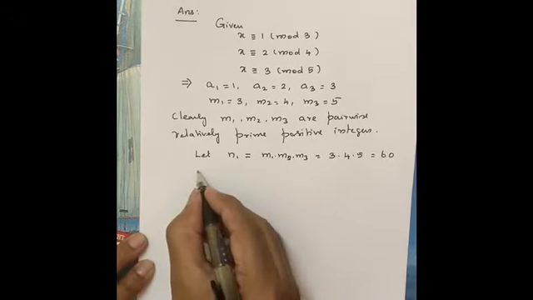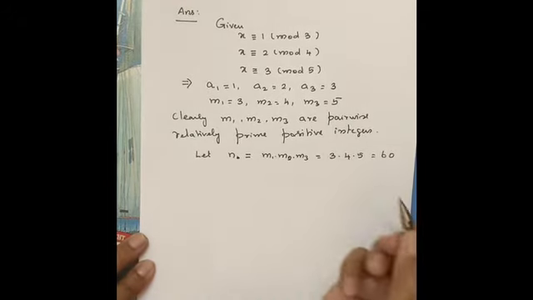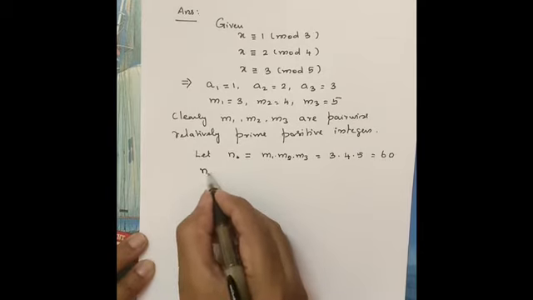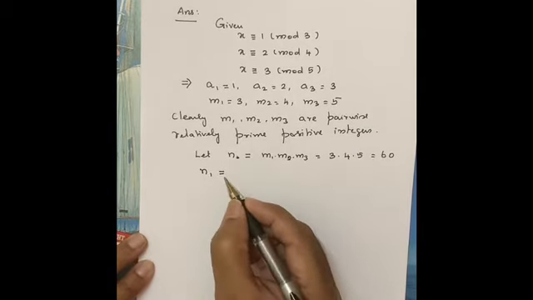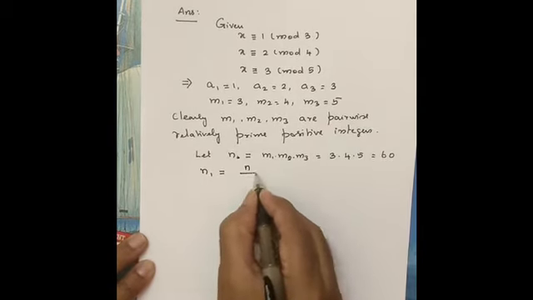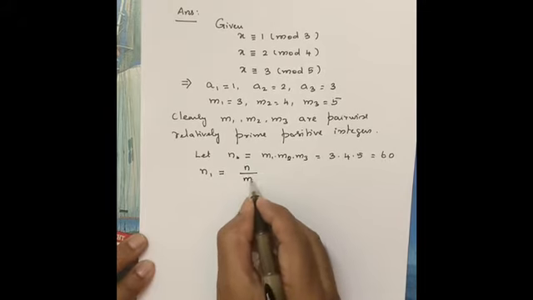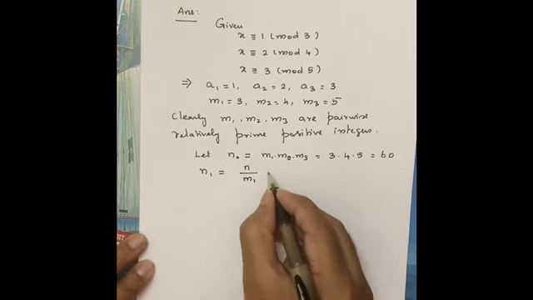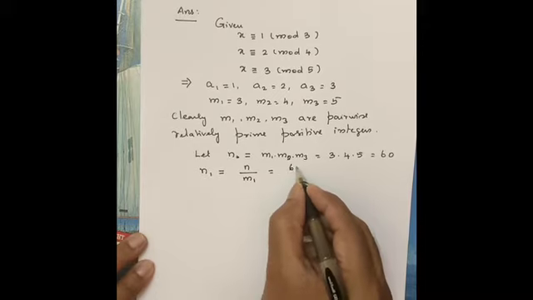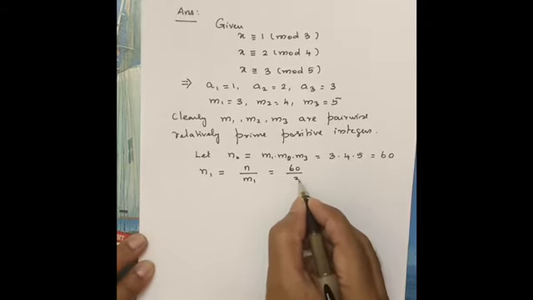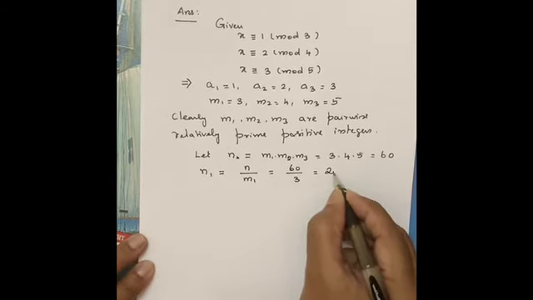Now we can find this is n, not n1. What is n1 now? n1 is n divided by m1. The n value is 60, the m1 value is 3, so it equals 20.